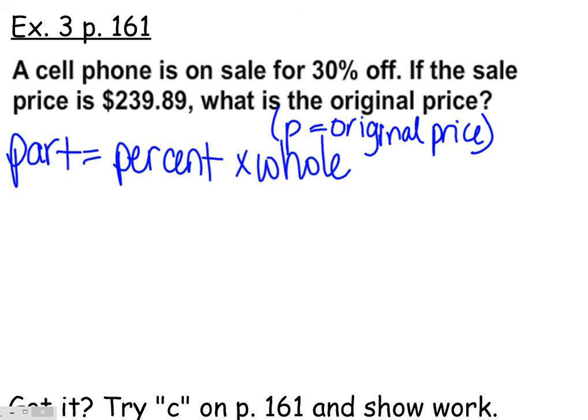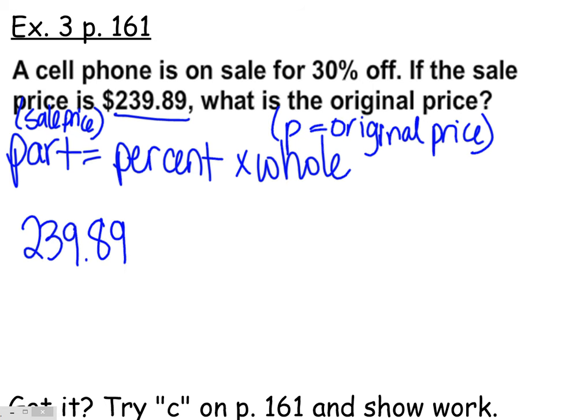We know the part is the sale price. That was it with the discount, and the sale price was $239.89. We know the percent discount was 30% off, but this is a little tricky because that was the discount. We're taking a percent of the whole.